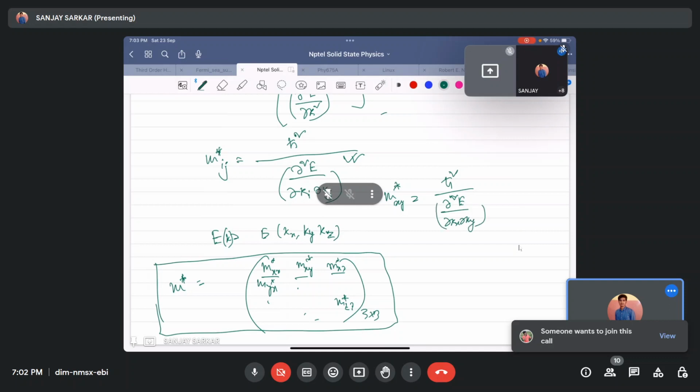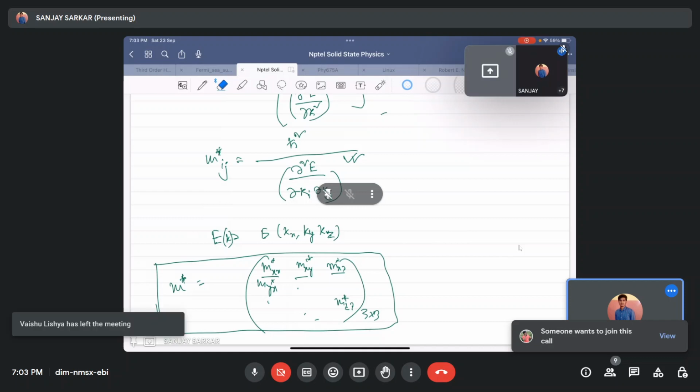So first energy is given, then you can calculate del E del ky, then calculate del kx of this and put this in this value, and you can calculate m star xy, which is h bar square by this value. So I have uploaded the PDF in the Google Drive link. You can refer to that PDF, and you can see that I have solved very few problems. If you see those problems, you can definitely understand that.